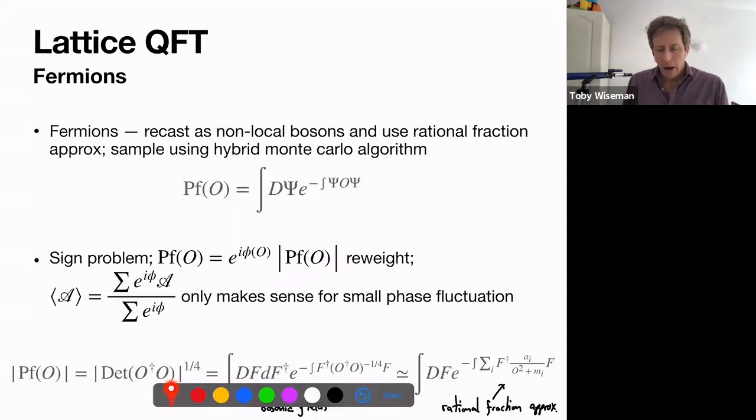Now, when you calculate an observable and average it over these configurations, you have to put back in the phase for each configuration.